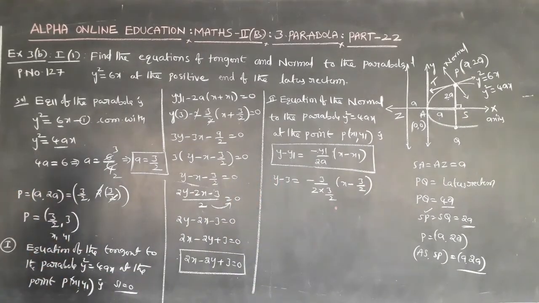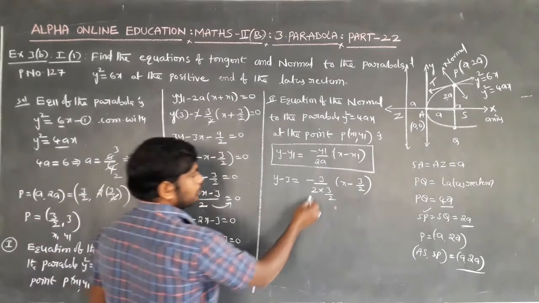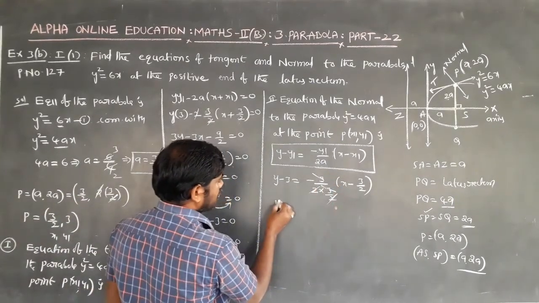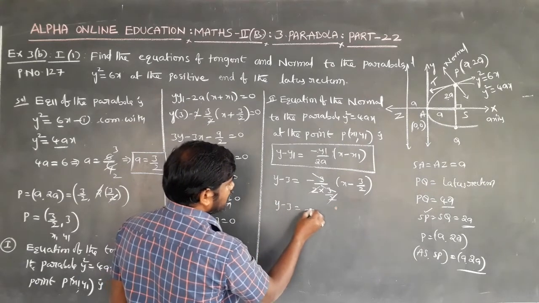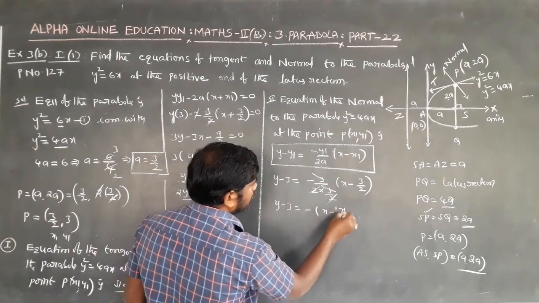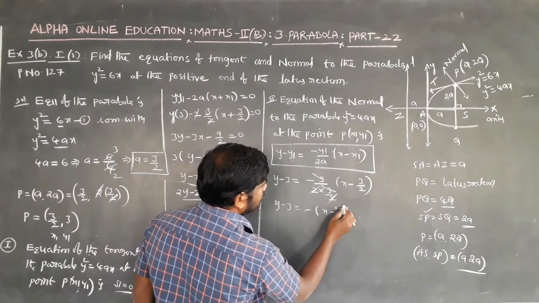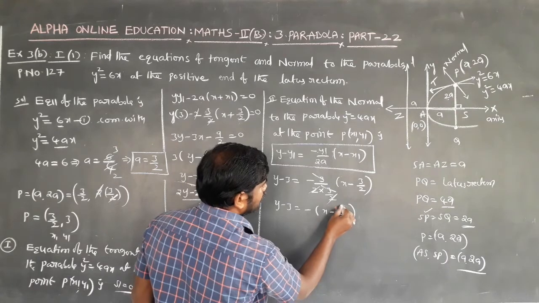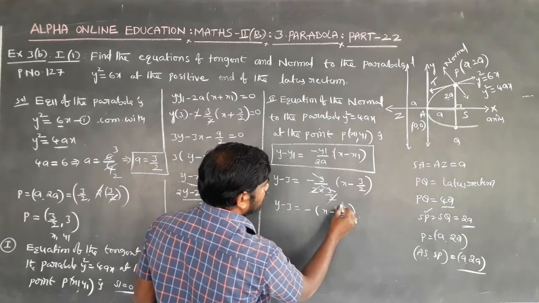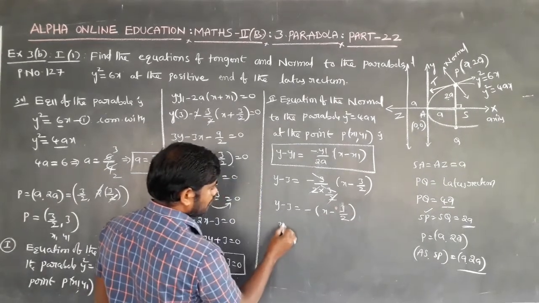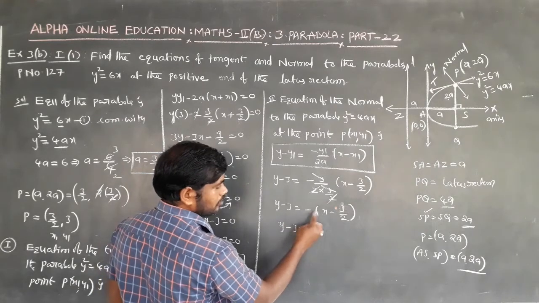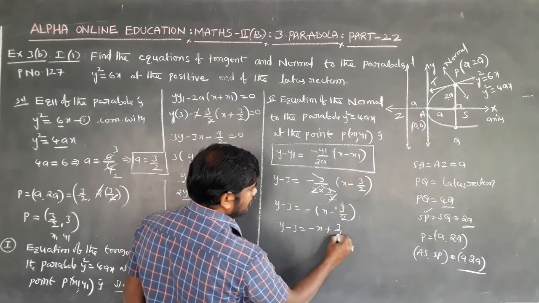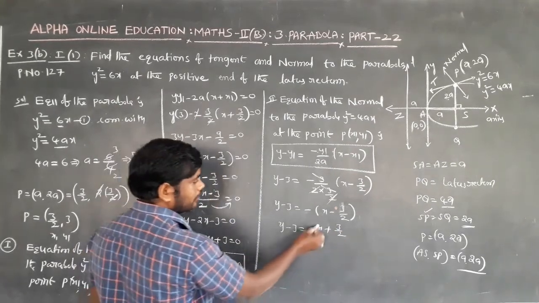x1 is equal to 3 by 2. 2 cancel, 3 cancel. y minus 3 is equal to minus of x minus 3 by 2. y minus 3 is equal to minus x plus 3 by 2.